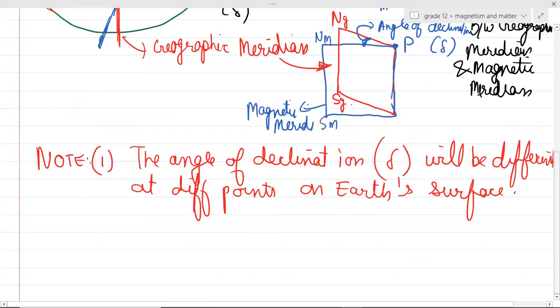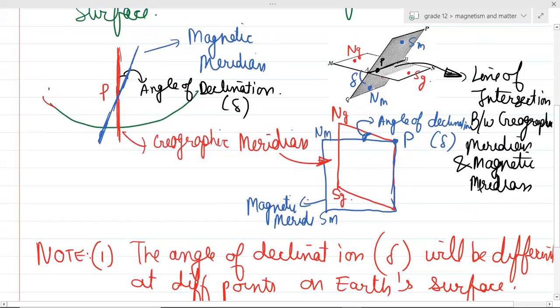Achha, have you drawn till here, guys? Have you drawn this diagram as well? Everyone drawn this diagram as well, for understanding purposes? It will be much easier to visualize like this, right?